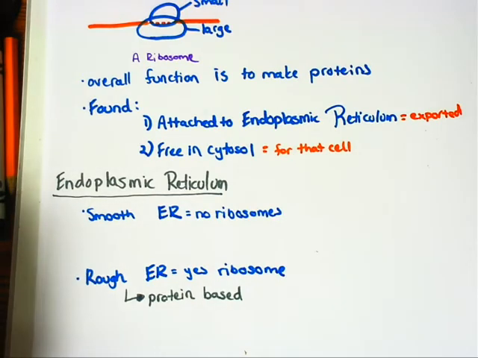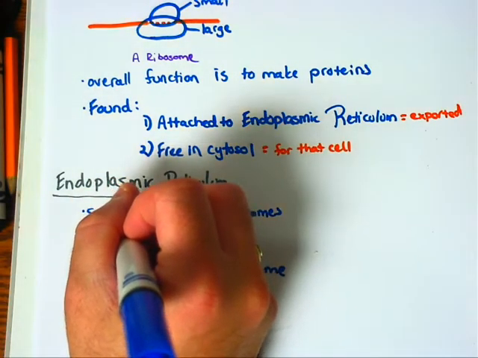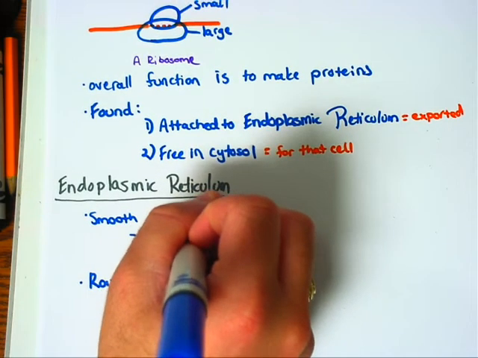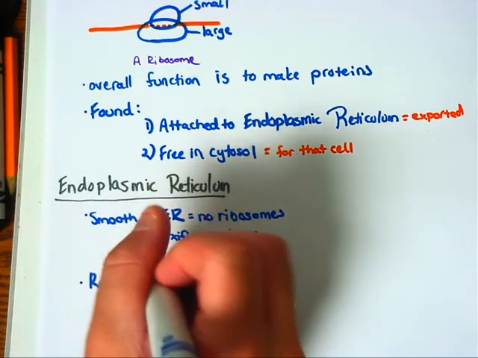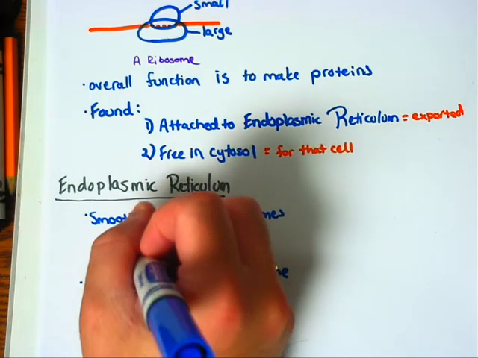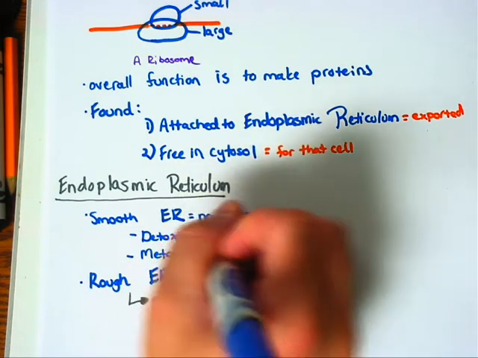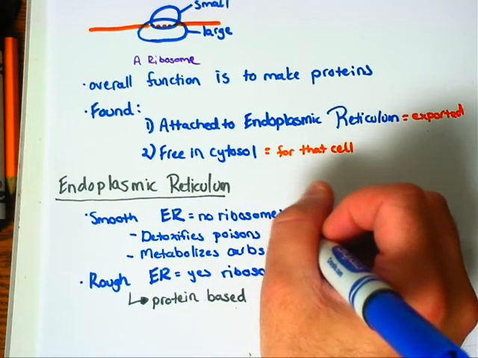Now let's take smooth ER and let's see what it's doing. Obviously, it's not really all about functioning to do anything with proteins. And there's actually like 4 things that the smooth ER does. One of the things that it does is it detoxifies poisons. Another thing that it does is it metabolizes carbohydrates. It also works to store calcium.